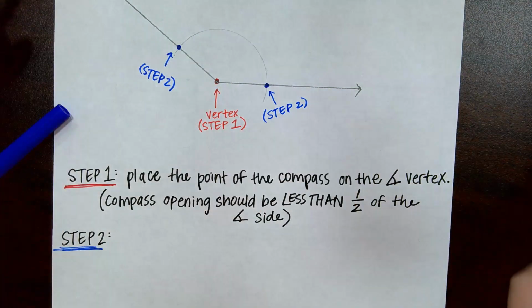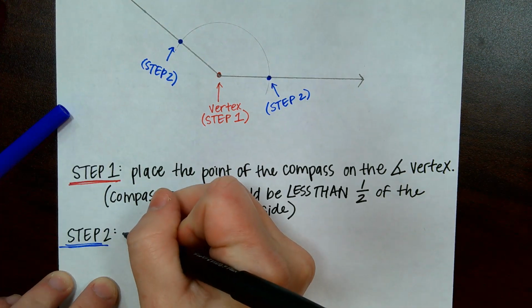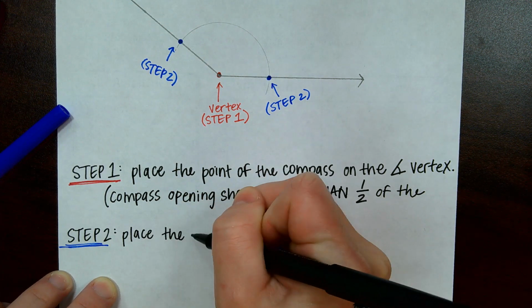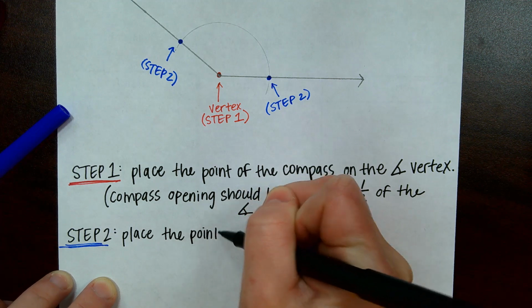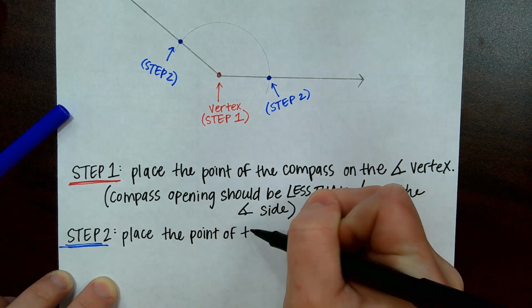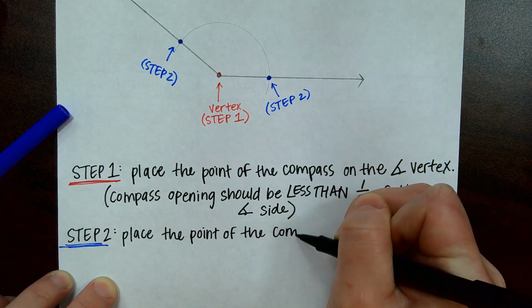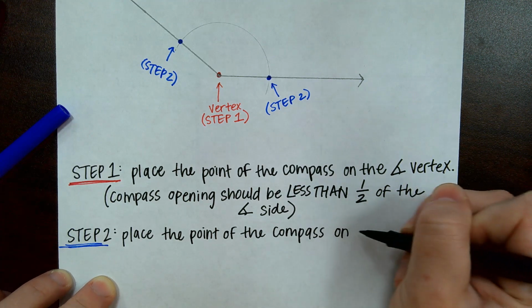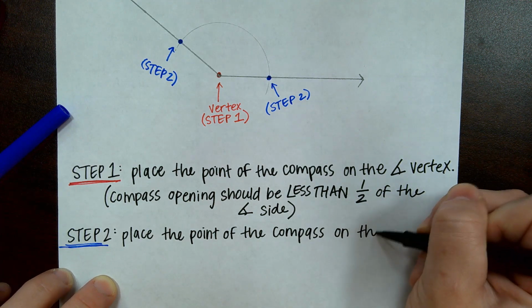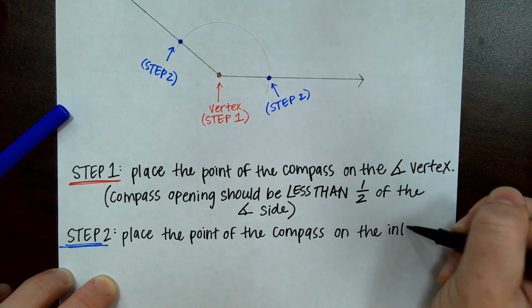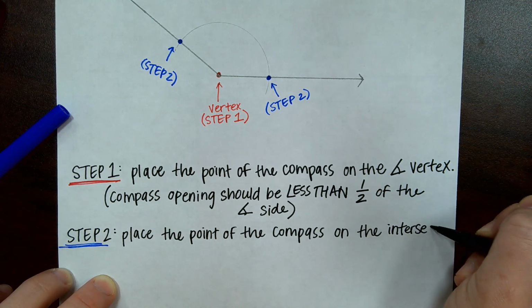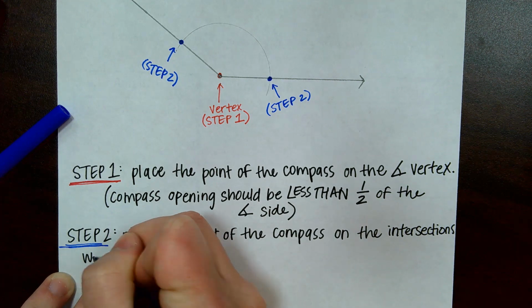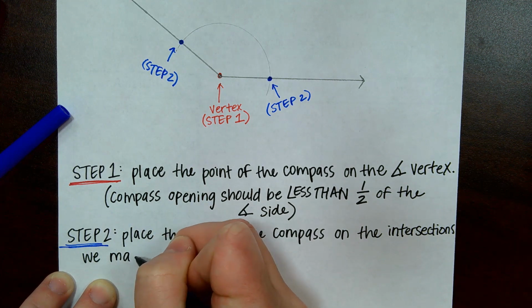So let's write that. Step 2 is to place the point of the compass on the intersections we made in step 1.